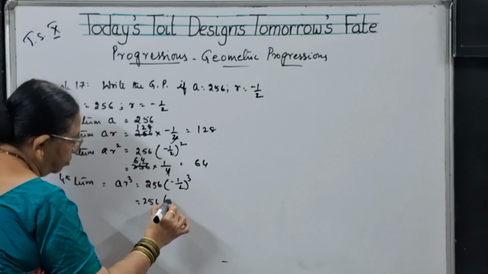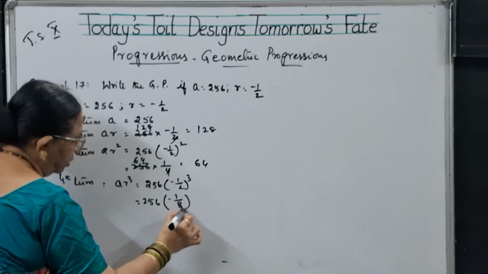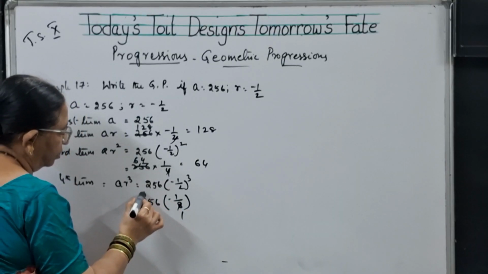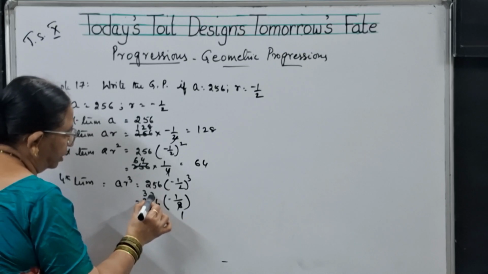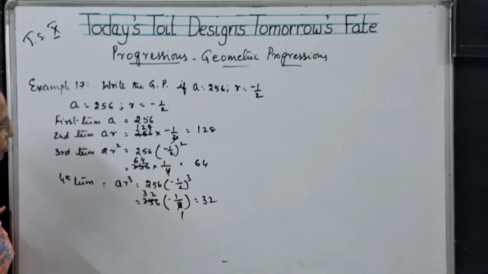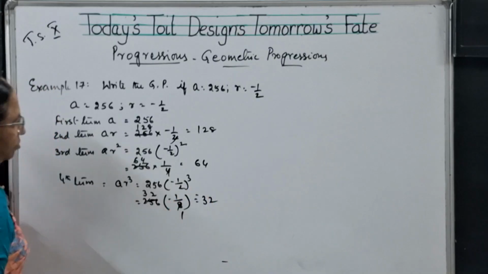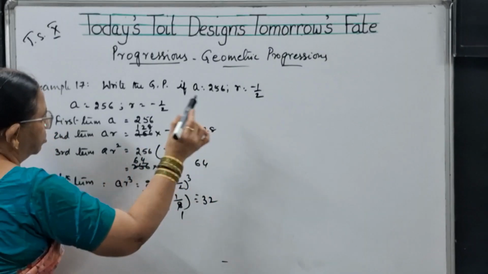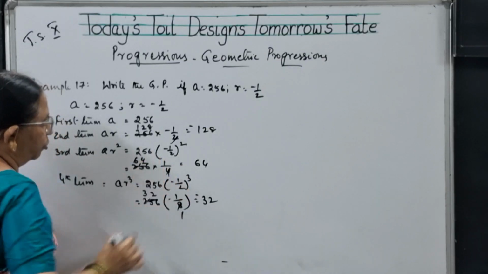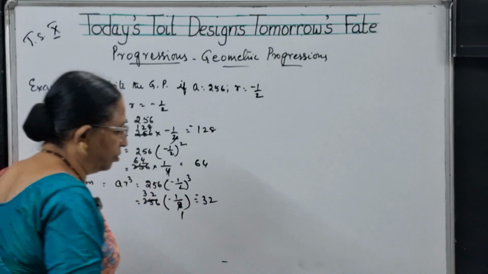256 into minus 1 by 8. This is 8 ones are 8, 8 threes are 24, 8 twos are... So how much am I getting? 32 minus 32. Here also I am getting minus 128, and this is 64 minus 32, so on.